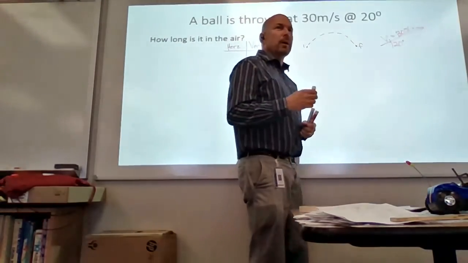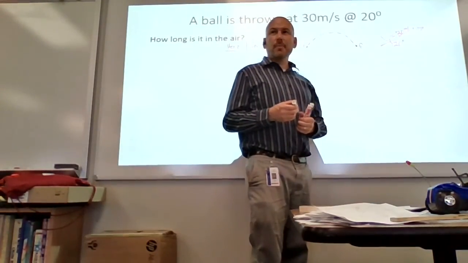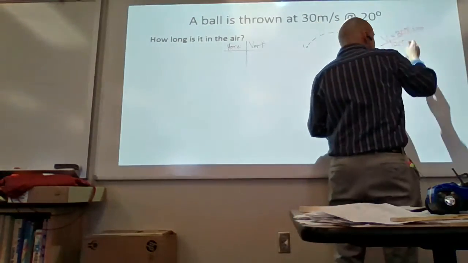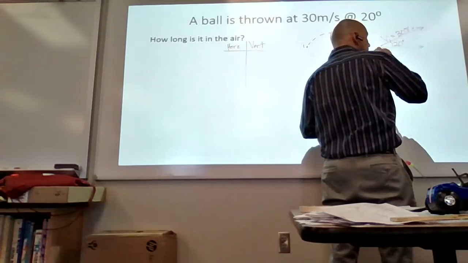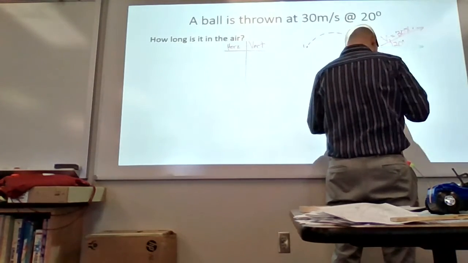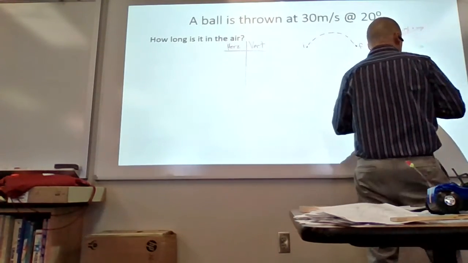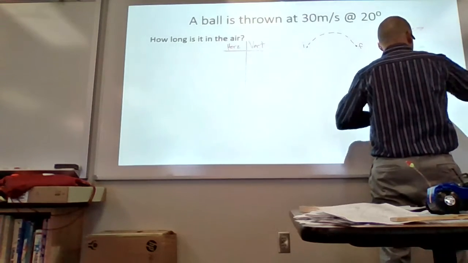That is where our components come in. We need to separate this out and say, well, how much is this going purely in the horizontal direction, and how much of that is going purely in the vertical direction.